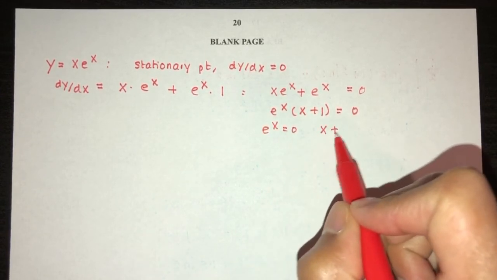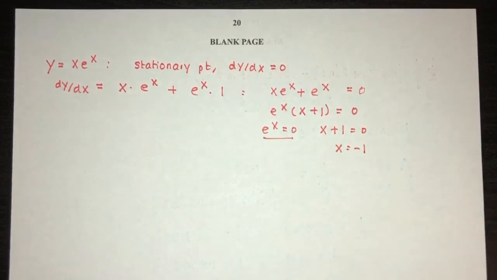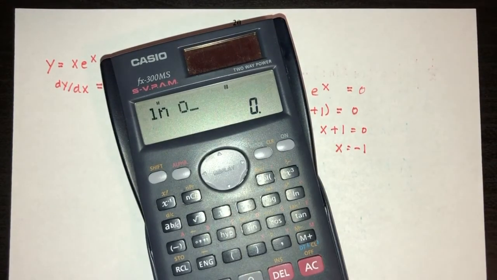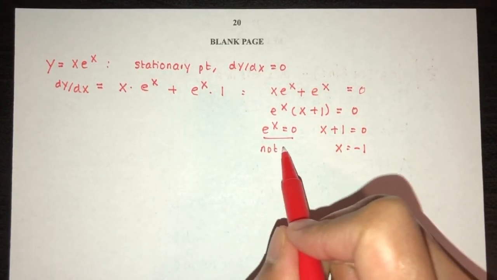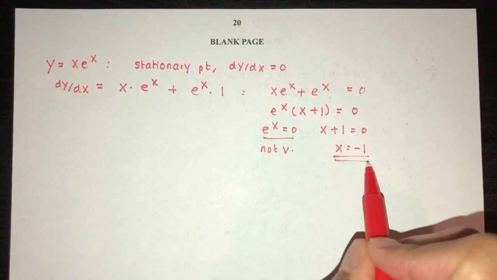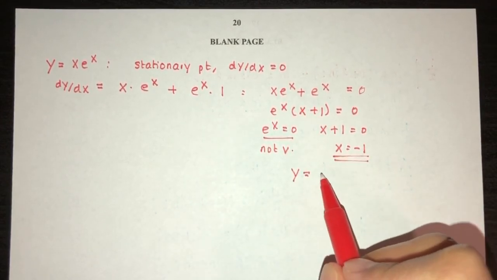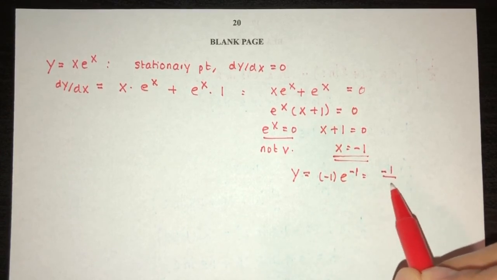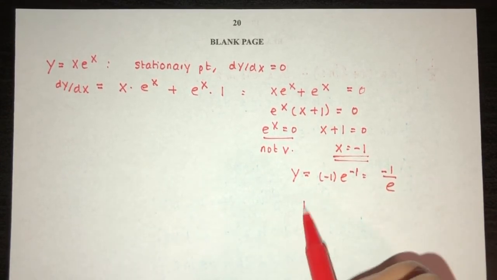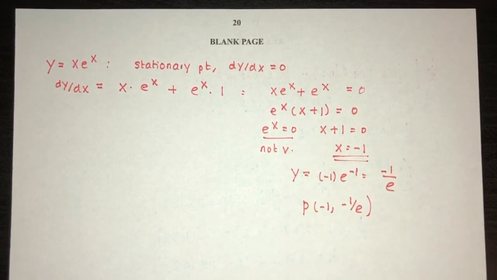Either exponential x is 0, which is rejected because ln of 0 is an error, not valid, or x plus 1 is 0, so x will be minus 1. So only this value is good. Now find the value of y: x is minus 1, so y is minus 1 times exponential minus 1. That will be minus 1 over exponential. So the point P will be minus 1, minus 1 over e. That is your point P.